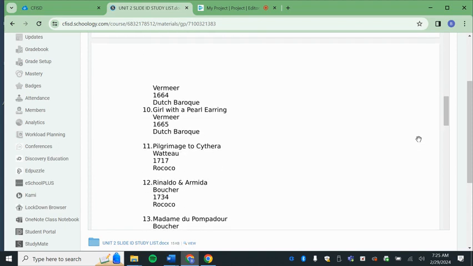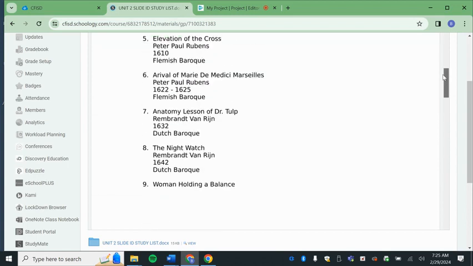So here's my recommendation. You make your flashcards and you memorize the styles and the titles. There's a couple of titles from this that are going to be on the multiple choice part of the test. And then after the multiple choice part of the test, then you can memorize the dates, so that'll help you study.